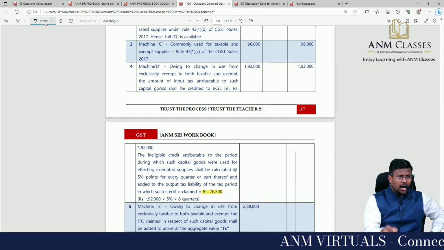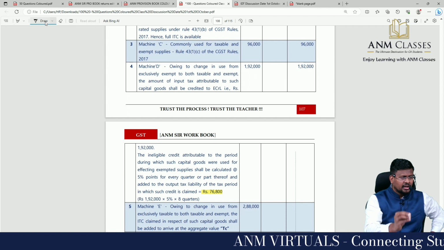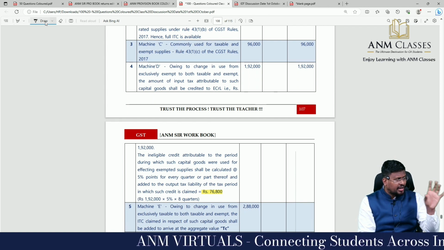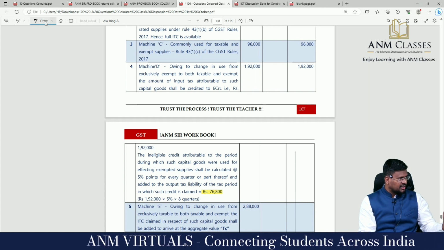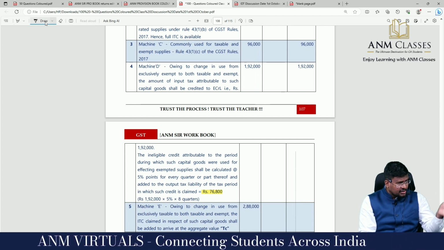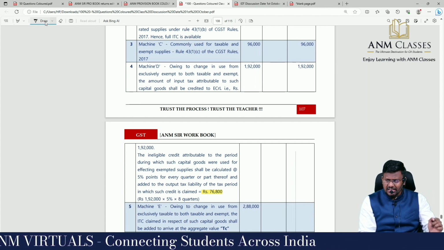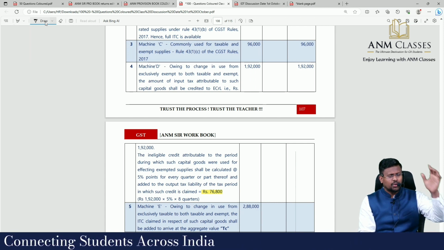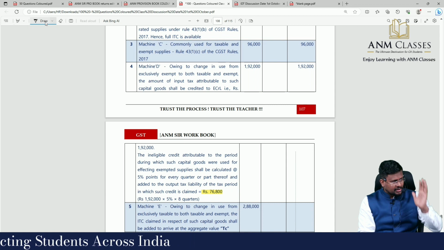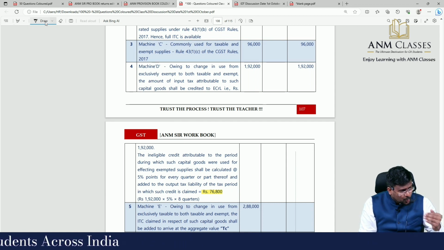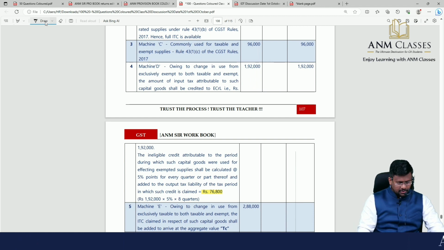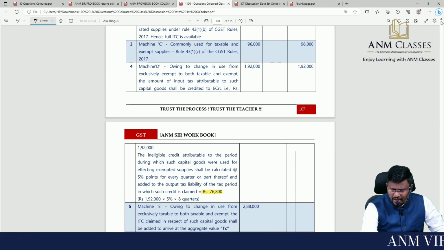So what you are supposed to do, sir, is bring the entire 1,92,000 to the electronic credit ledger, and in the month in which you bring it, 76,800 should be added to the output tax liability to make the entire 1,92,000 eligible ITC. Clear? I'm moving into the last question.